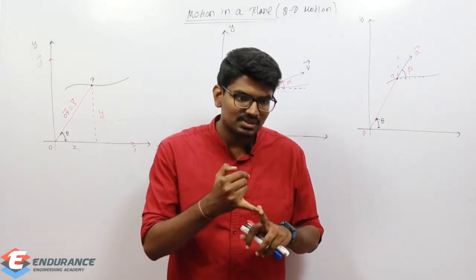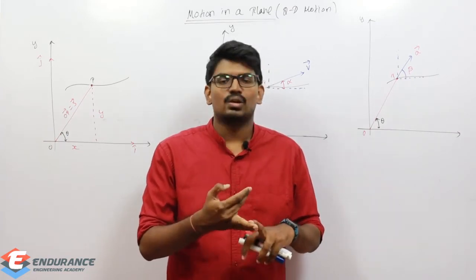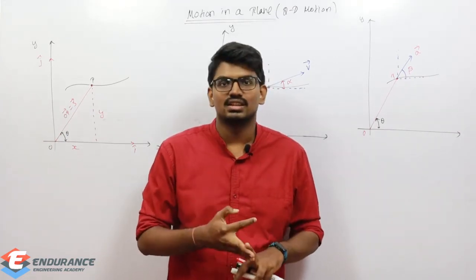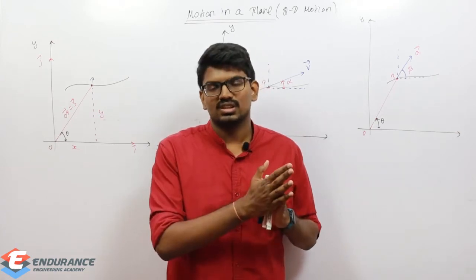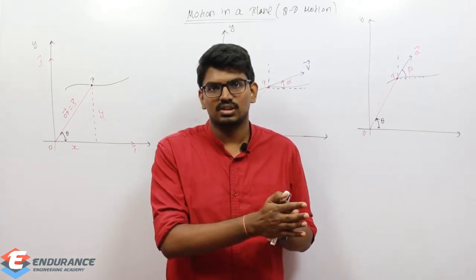Now, why did I say this story here? Very simple concept. Whether it is a displacement vector, velocity vector, or acceleration vector, what Newton did is similar to this divide and rule policy.